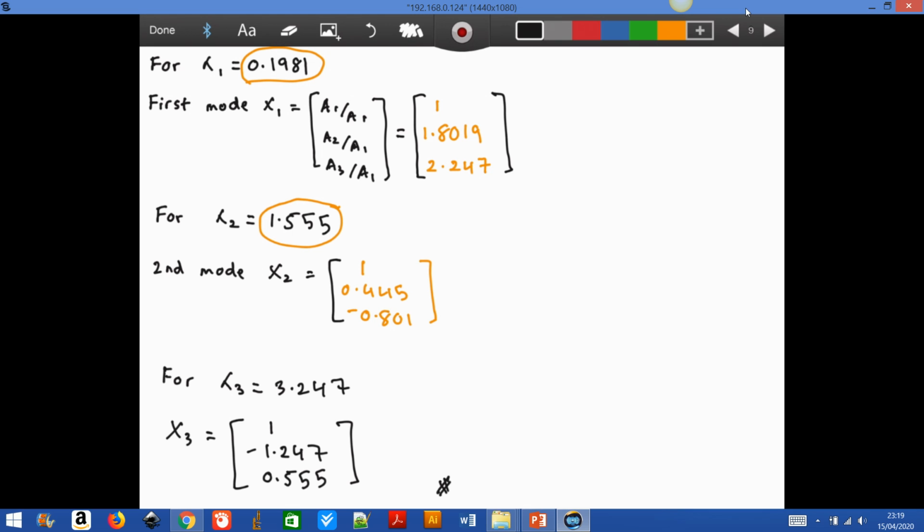If the question didn't require you to draw the mode shape diagram, you only write up to this. But if it asks you to draw the mode shape diagram, then you need to draw it. I assume all of you already know how to draw the mode shape diagram.